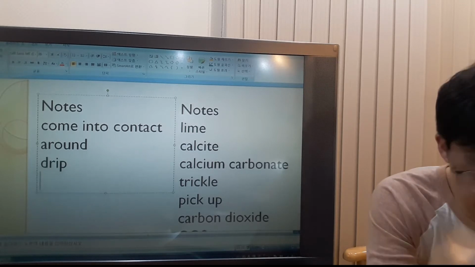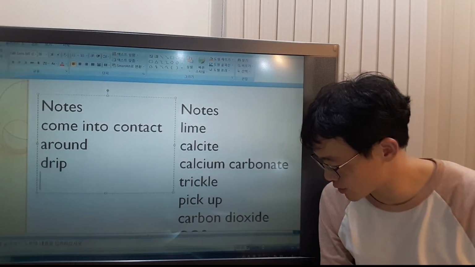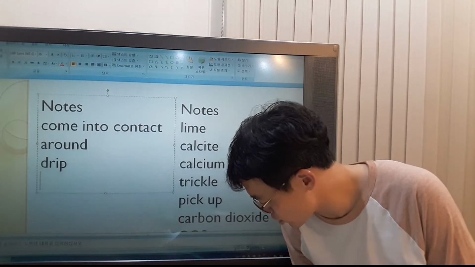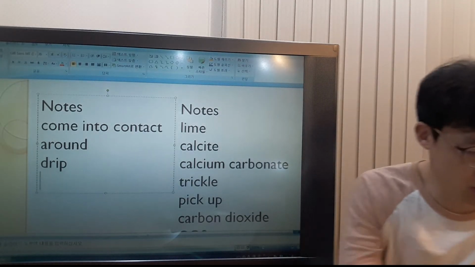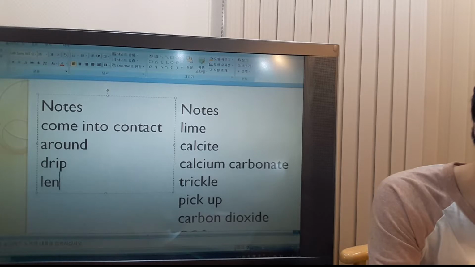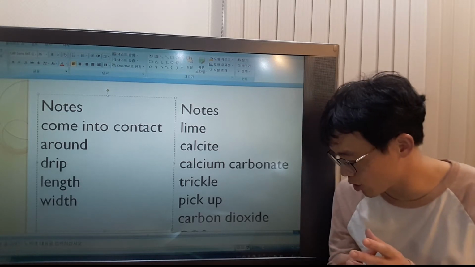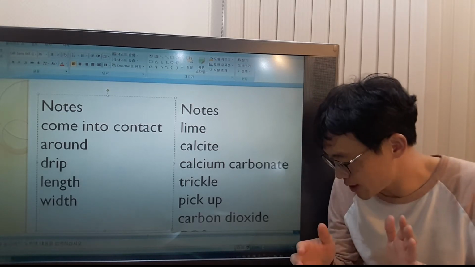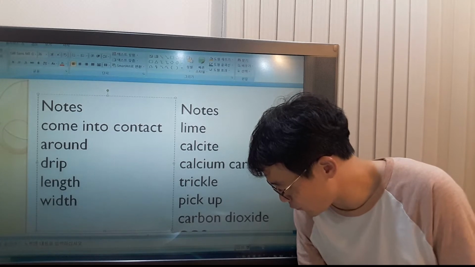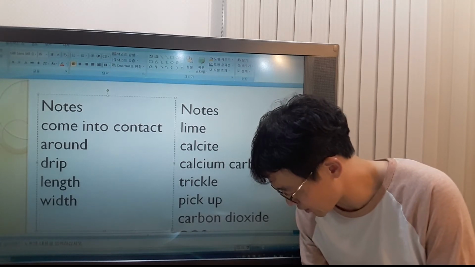Drip means to fall down in small drops, okay? The calcite grows in both length and width. What's length? Length is how long something is. What is width? Width is how wide something is. It grows longer and wider. After some time, it forms a stalactite, okay?